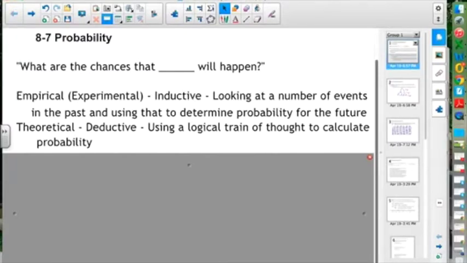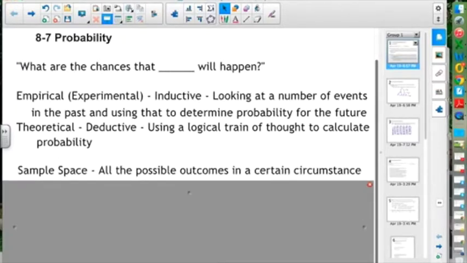We're using a logical train of thought to calculate a probability. This would be like, for example, if we're throwing something at a target and it has a bullseye on the target, we could calculate the theoretical probability of hitting the bullseye by simply taking the area of the bullseye and dividing it by the area of the entire target.